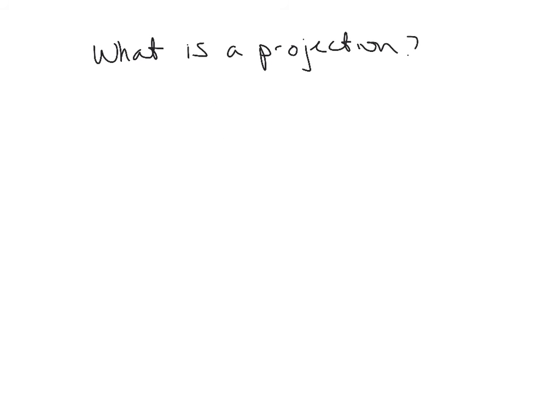So this begs the question, what is a projection? Well, let's take a look at that real quick. Let's go back to our original scenario where I have vector U and vector V. And I'm going to draw in those dotted red lines that I had before.